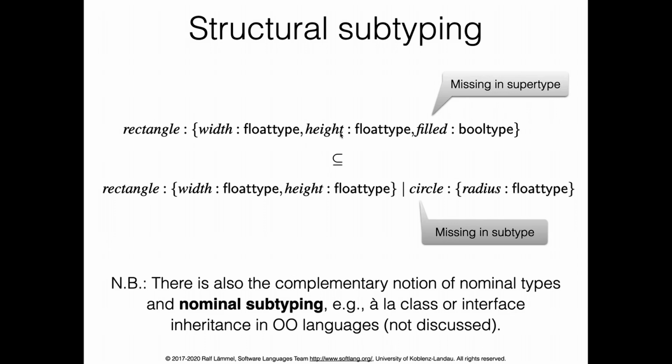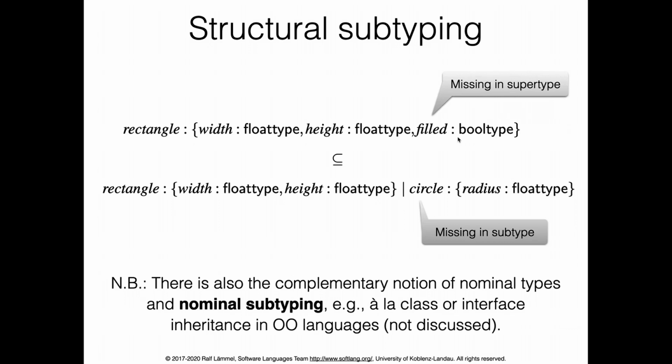Let's first understand how these two types differ. The subtype seems to lack the variant for circle. The subtype also, as far as the rectangle record is concerned, has an additional component filled. Why would a function that expects a value of the supertype also work with a value of the subtype?